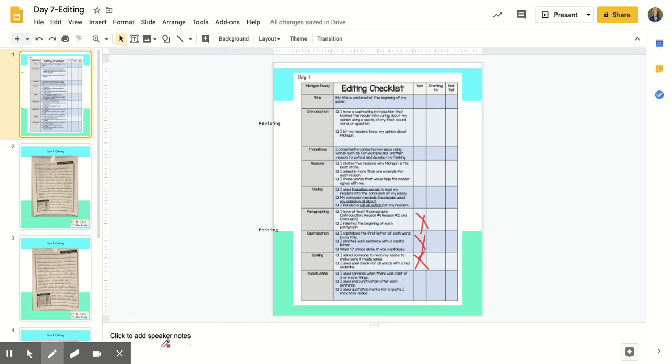The last thing you're going to do is go back through again and reread for punctuation. So this would be about the third time you read through your paper. You're going to look to see if you used commas when there was a list of 3 or more things. You're going to use end punctuation after every sentence. And then if you used a quote, you would want quotation marks in your paper.